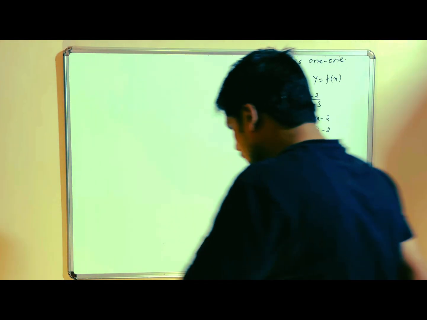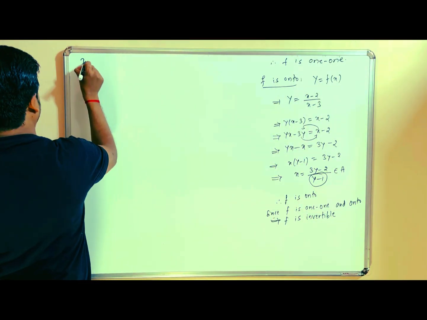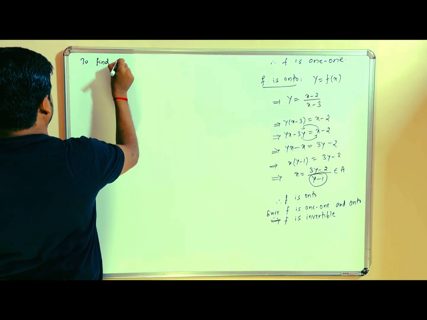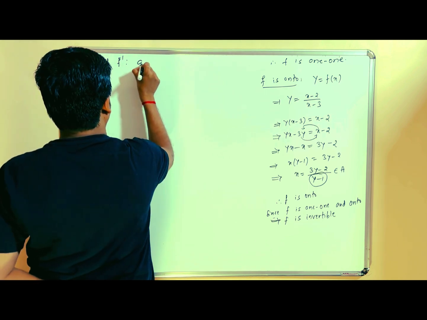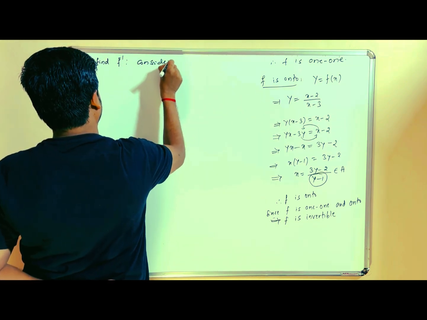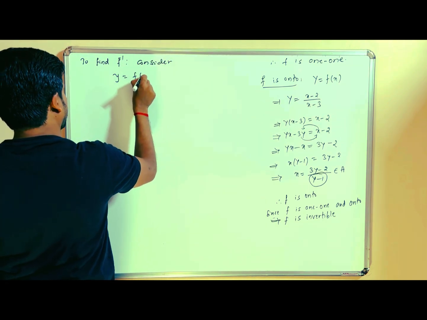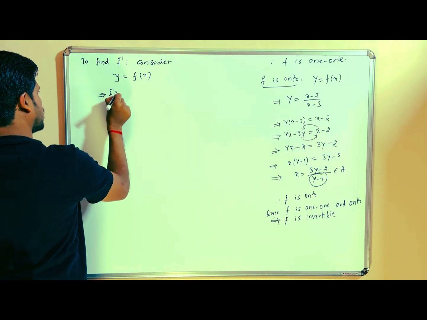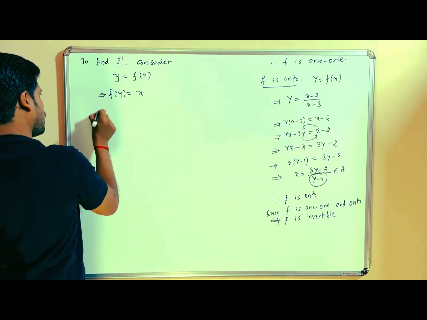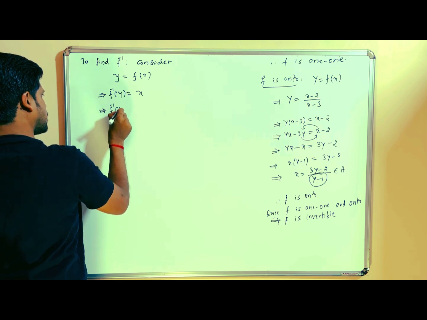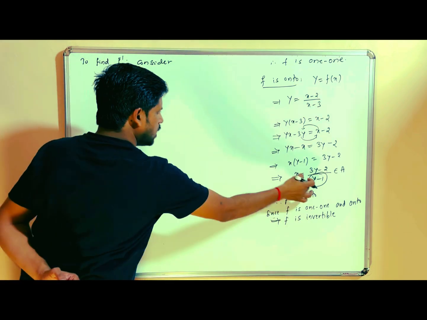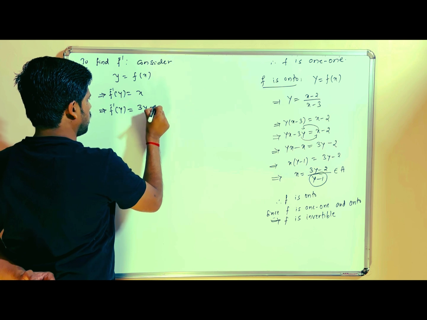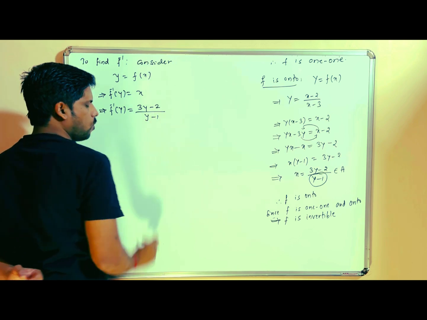So to find f inverse, consider y is equal to f of x. Since f is invertible, this can also be written as f inverse of y is equal to x. Then here we have the value of x; substitute that, 3y minus 2 divided by y minus 1.